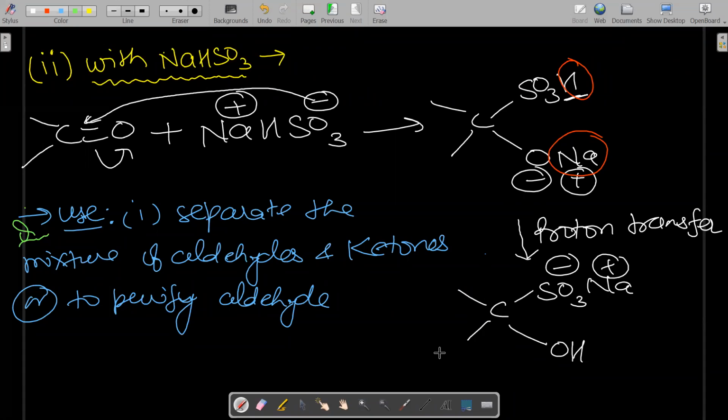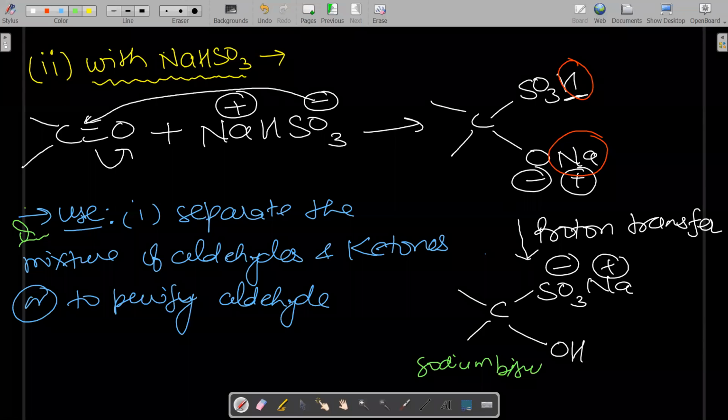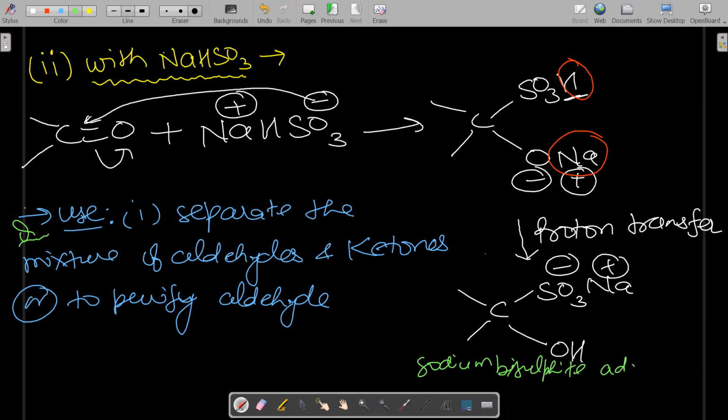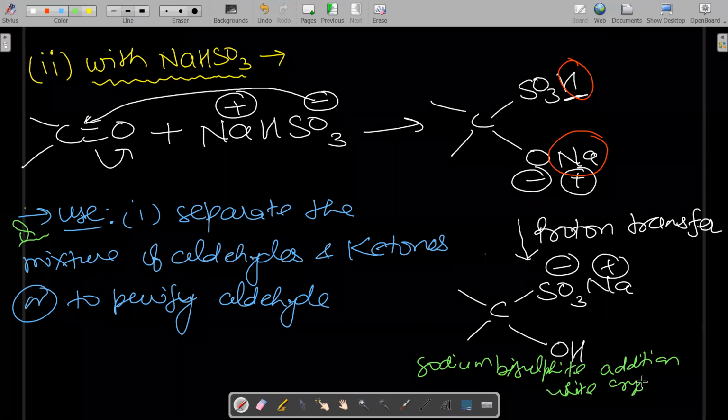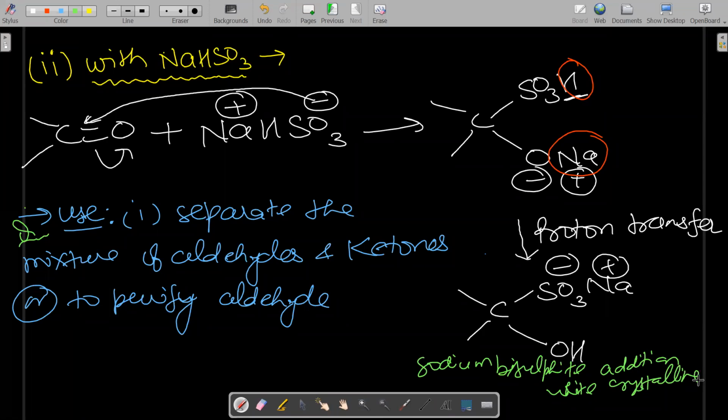Because this final addition product, the sodium bisulfite addition product, comes in the form of a white crystalline solid.